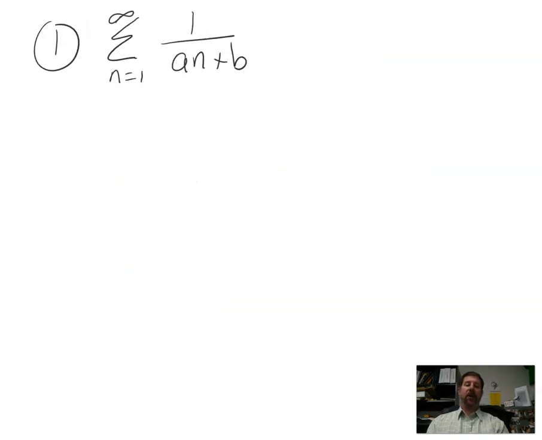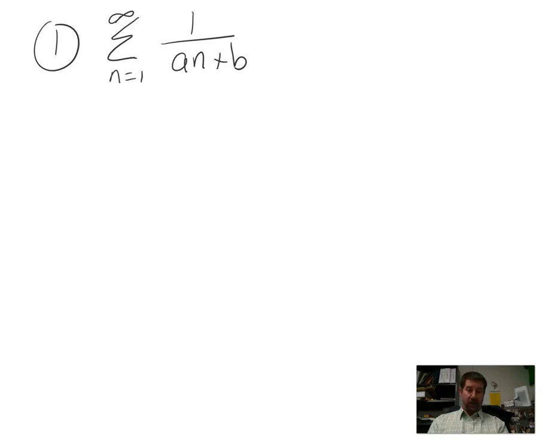All right, so here's another series now: 1 over a times n plus b. Is this going to converge or diverge? First off, this is not quite a p-series, because it's not just an n to a power. I've got this a and the b with it. So that sends me back to the integral test.